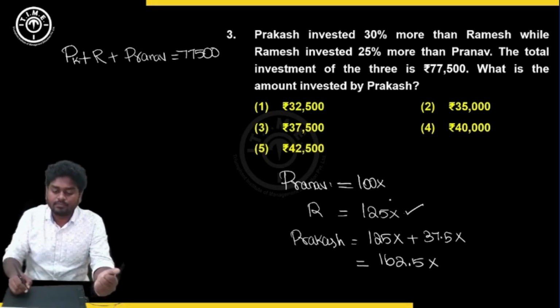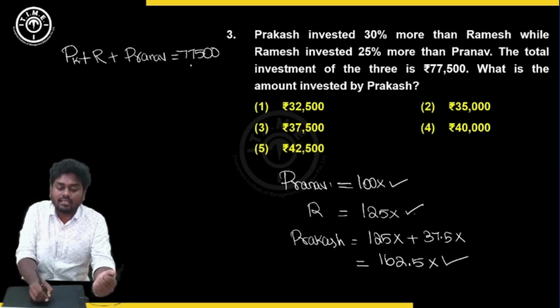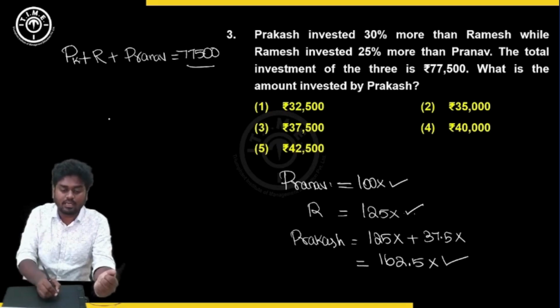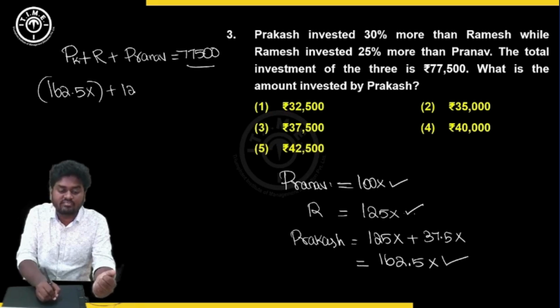Now, this plus this plus this, we know that is 77,500, correct? So can we substitute? Prakash has invested 162.5x, Ramesh 125x, and Pranav 100x.